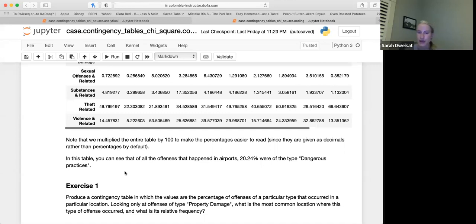I'm going to give you a hint: don't filter your data. After you make your contingency table, just look at property damage. You don't need to have a table with just property damage. Does that make sense? Make a contingency table just like this one, but instead we want the values to be the percentage of offenses of a particular type that occurred in a location.